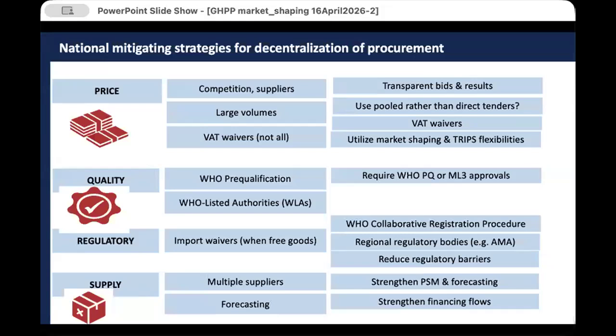In terms of prices, it would be helpful if governments made the bidding process and the national requirements transparent. If they got a waiver from the national tendering requirements and process in order to continue to tap pooled procurement mechanisms, whether that be APPM, UNICEF Supply Division, the Global Drug Facility, or WAMBO, that obviously countries should utilize TRIPS flexibilities and other market shaping tools.